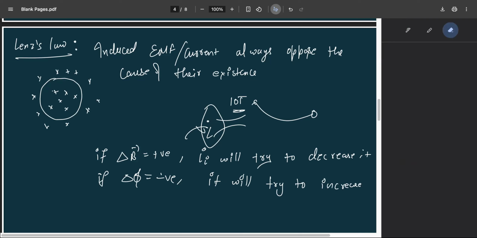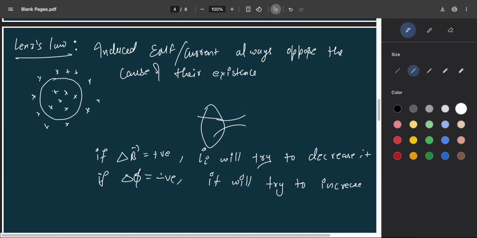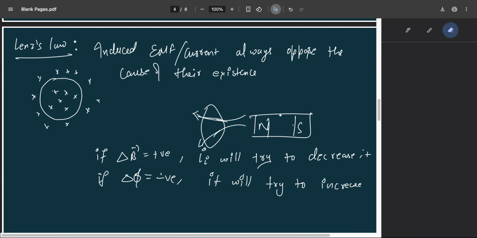Now let's go back to the same position. Say you kept the magnet from 0 to some value in Tesla, and you maintained it. Now you can see the magnetic flux is linked like this. But what if I took this magnet outside? If I keep moving it more outside, what will happen? My flux in this loop is going to change.